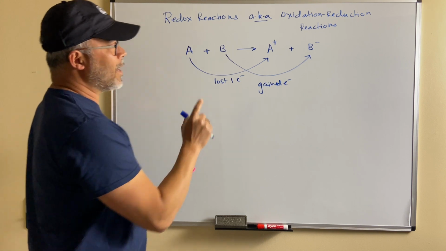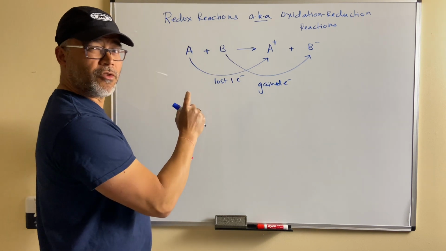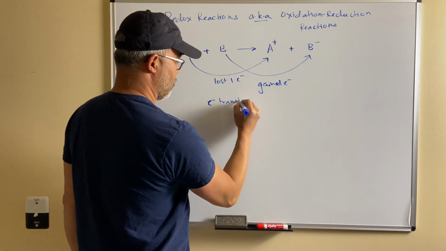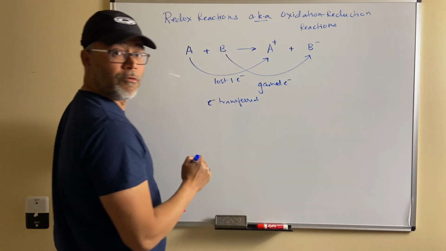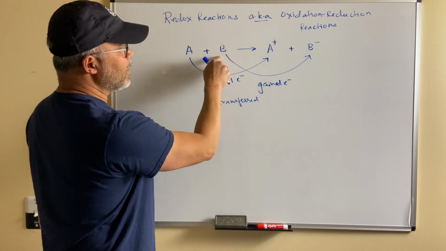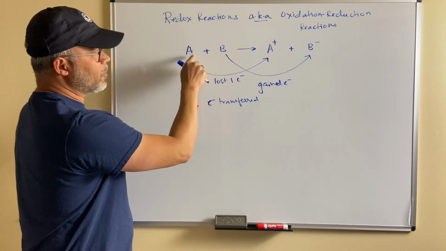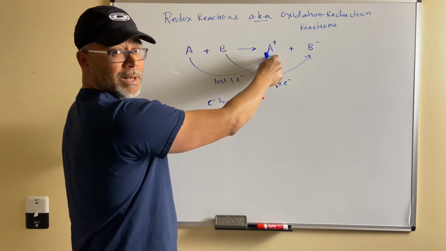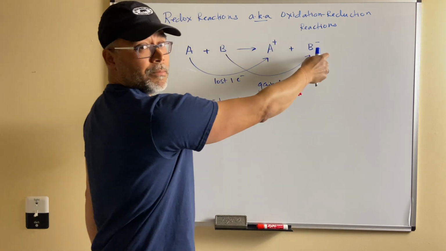So what happened here is there was an electron that was transferred from A to B. And when the electron was transferred from A to B, A became A plus and B became B minus.